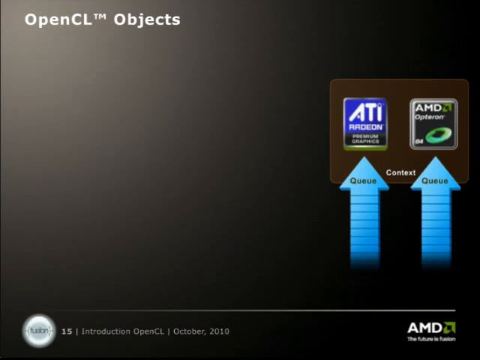Okay, so using the OpenCL framework. OpenCL is really built around this notion of a context. A context is an OpenCL object that allows you to associate devices with it. It allows you to associate memory objects, and I'll talk about those in a bit more detail. And it also defines a memory consistency model between those memory objects.